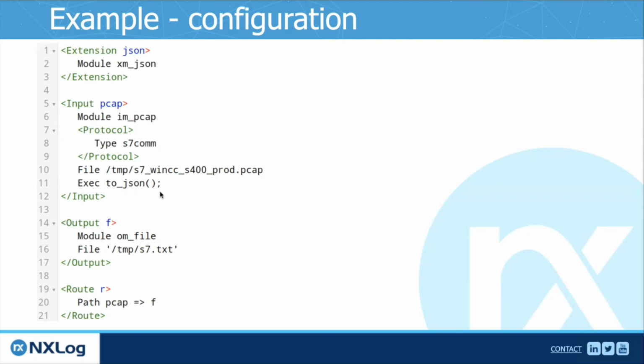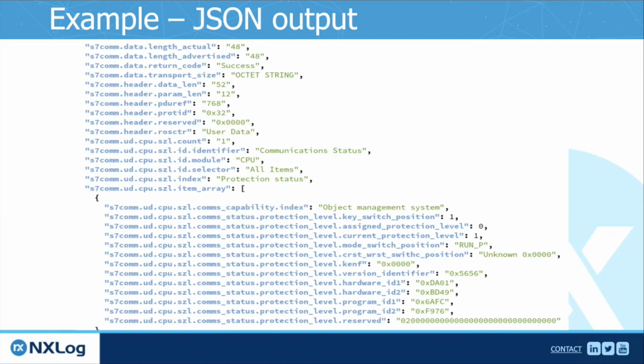So we gather pickup data, convert it to JSON, and put it, in this case, to the file. And of course, this can be any place that you can imagine. So you can send it to a remote server using TCP or UDP or anything that is desired in your case.